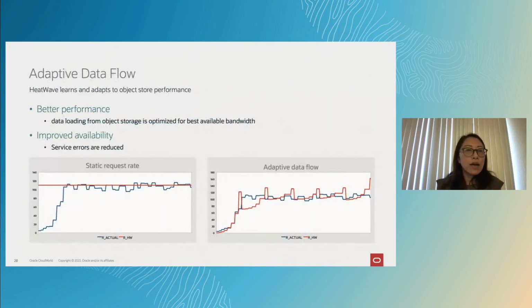The other one I also mentioned briefly earlier is the adaptive data flow. If you look at the graph on the bottom left-hand side, the blue line shows the object storage bandwidth. It can change based on time and usage on the network, or if there are any other users using the object store as well. So it fluctuates.